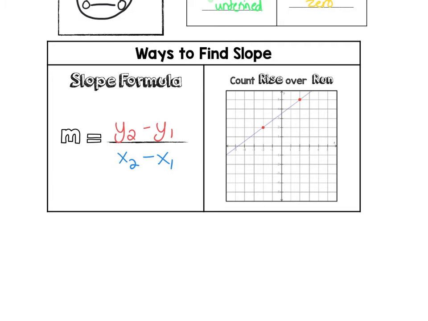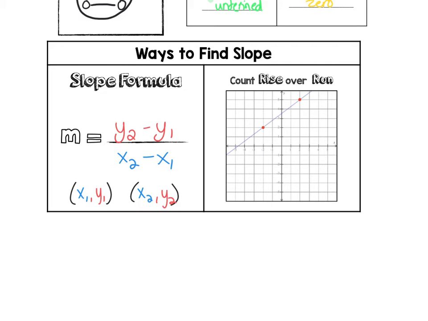Let's say your 2 ordered pairs are given here, where this is my x1 value, this is my x2 value, and then this is my y1 value and my y2 value, okay? So that's an example if you're given ordered pairs.